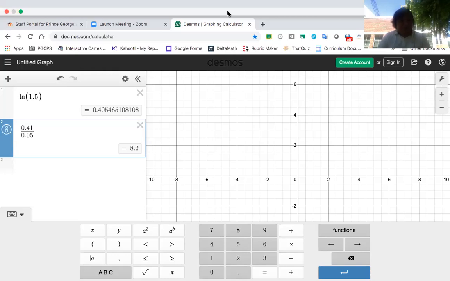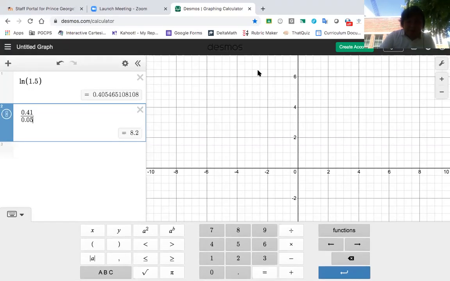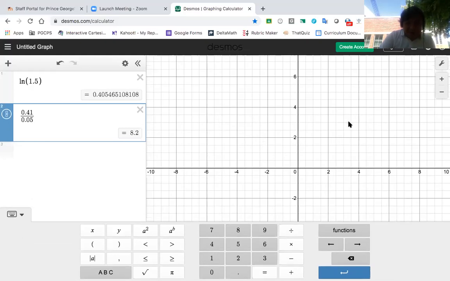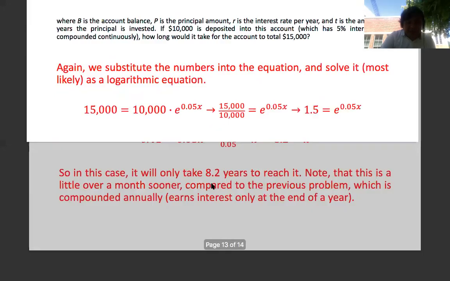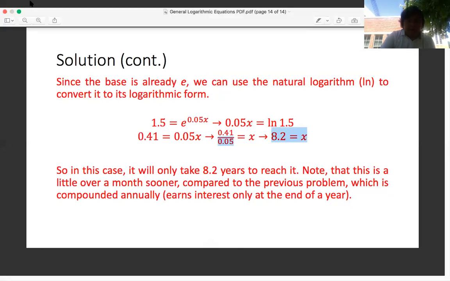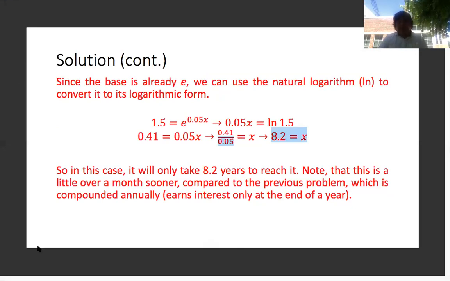All right, let's go back to our main lesson and check whether our answer is correct. Indeed, it's 8.2, which is equal to x.